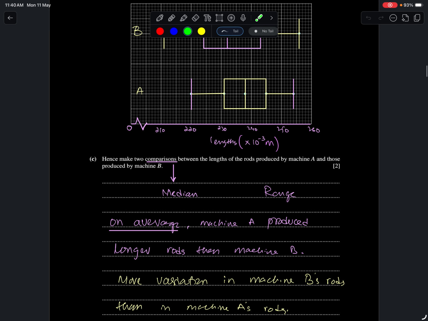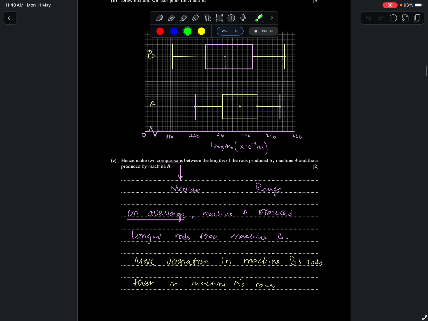And you must know how to compare the box plots. So when comparing two box plots, always compare their medians and their ranges. While comparing medians, always write on average.